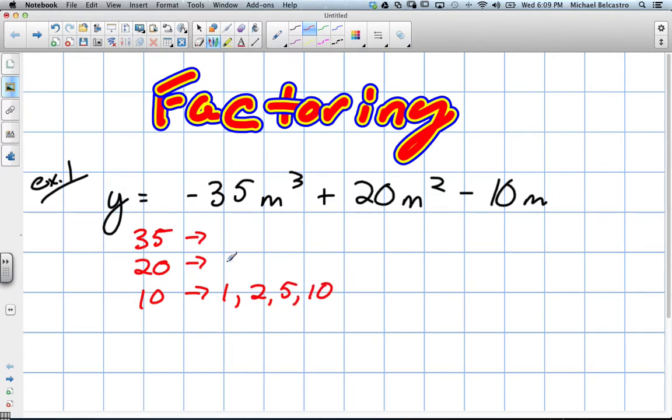How about 20? Well, we know 1, and we know 20 will be the largest. Does 2 go in? Yeah. How many times? 10. Does 3 go in? I don't think so. 4? Yeah.